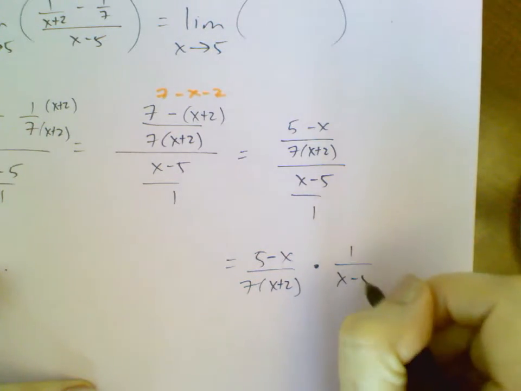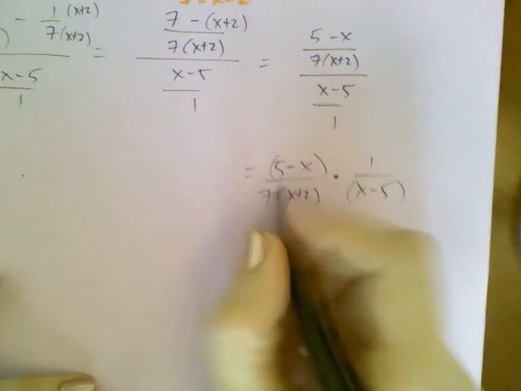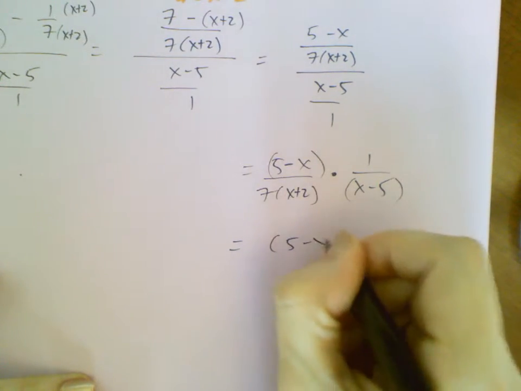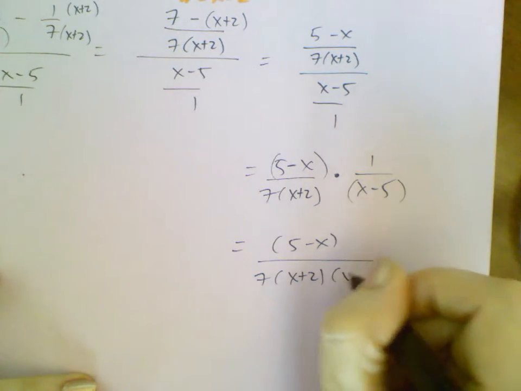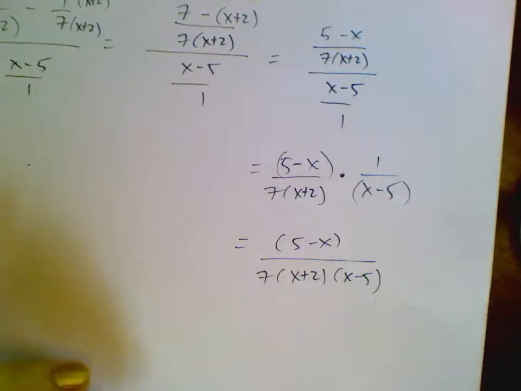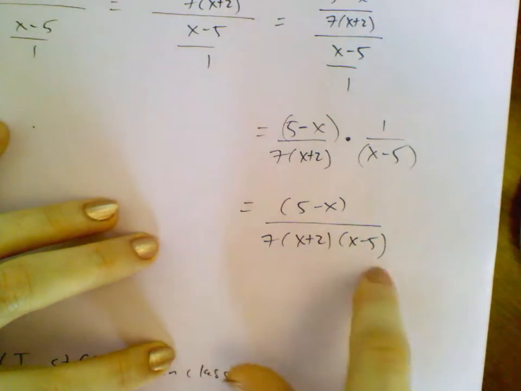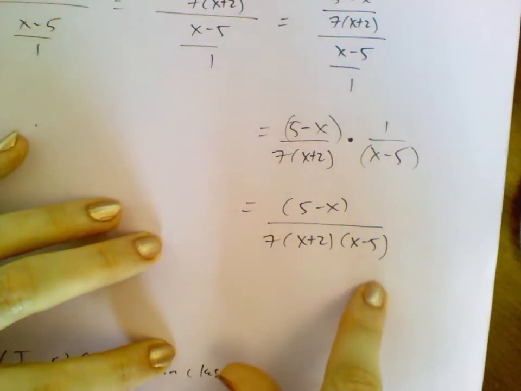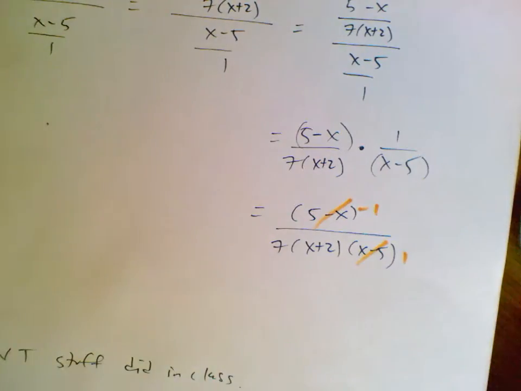And guys, you should remember from last year, these don't cancel to make 1 and 1. They cancel to make negative 1 and 1.